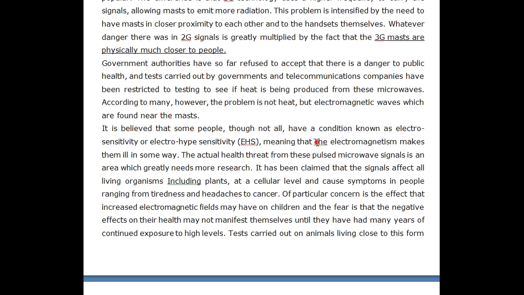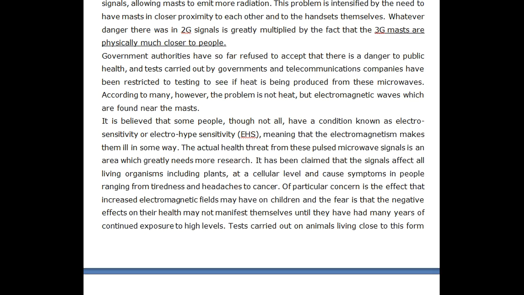Organism including plants but not animals so far. People themselves, years of exposure. Okay, so there is no animal so far.